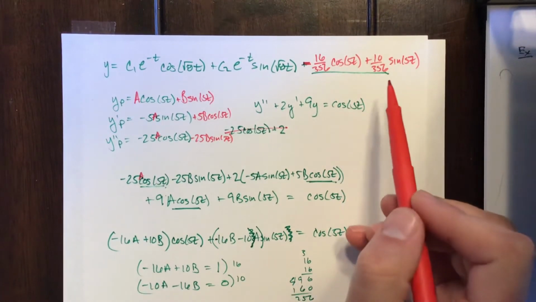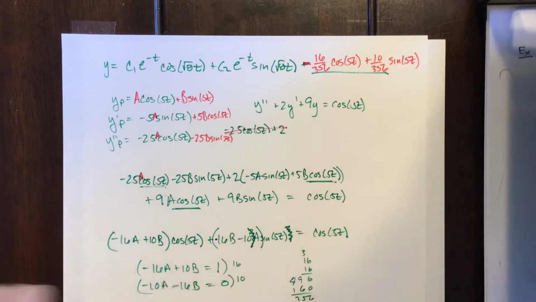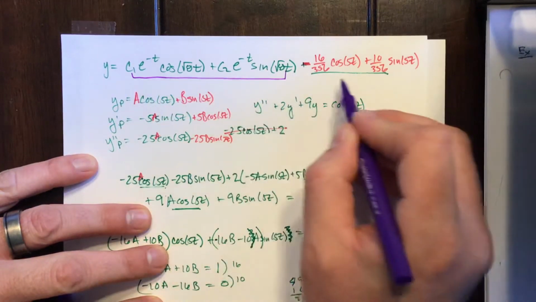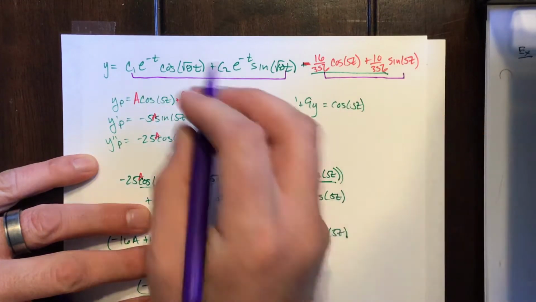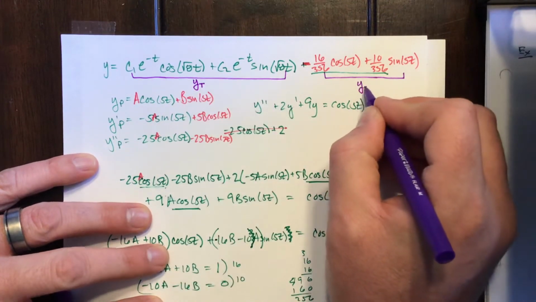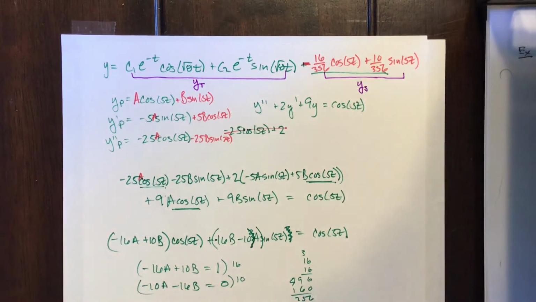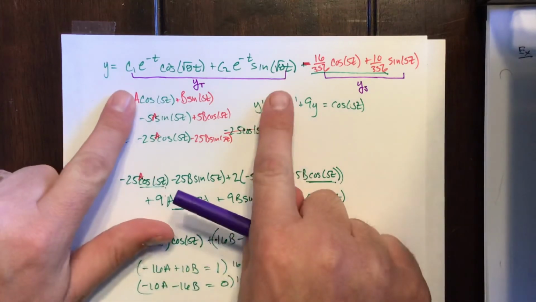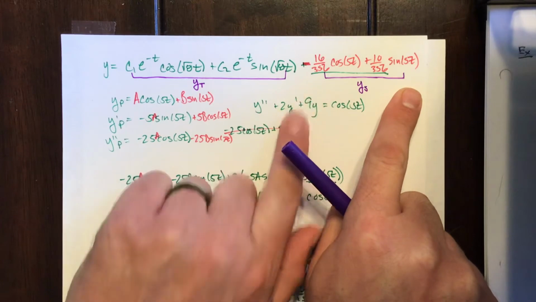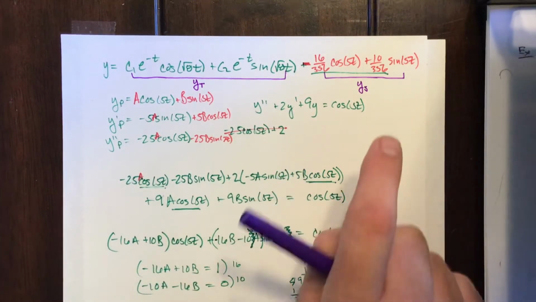Okay, they persist. So if we wanted to capture the transient and steady state, this would be y_t, and this would be y_s. This is the part that goes to 0 as time goes to infinity. This is the part that remains. It's not a surprise.